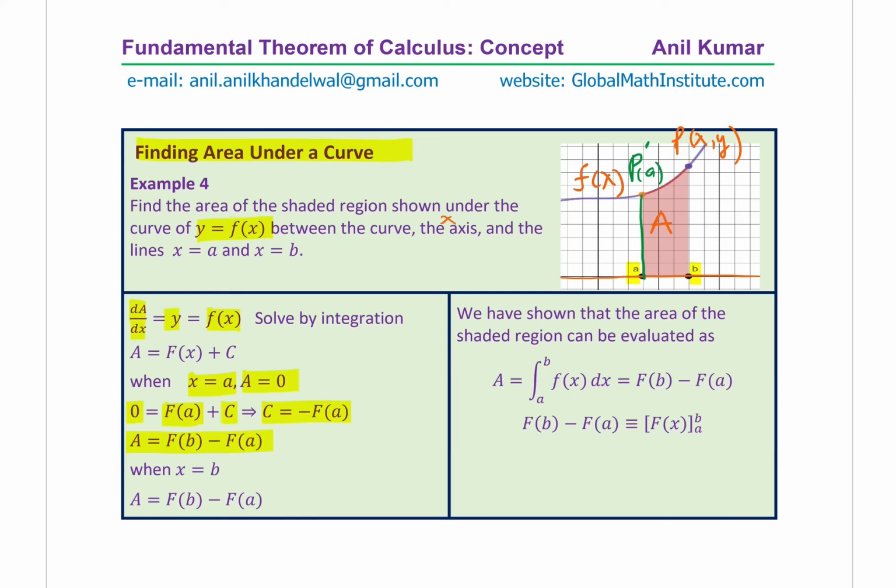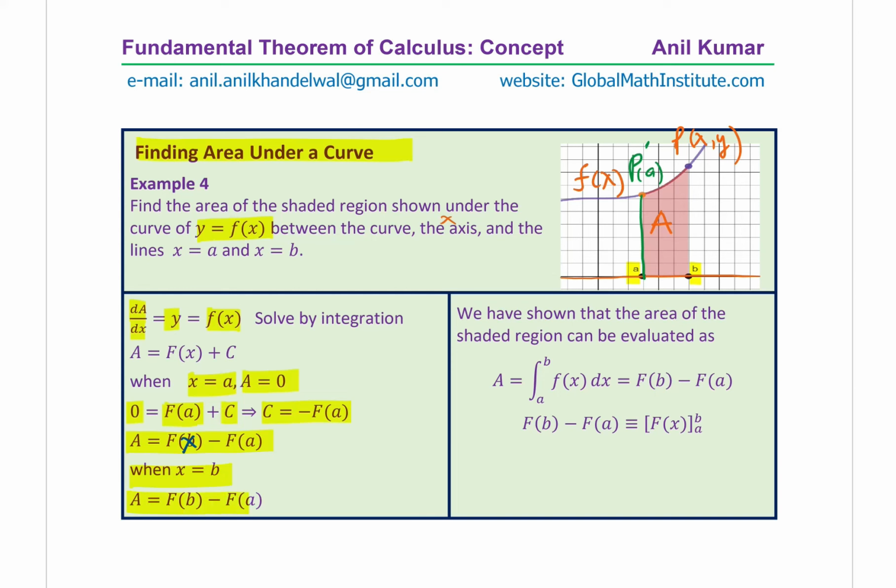So we get the area function, which is F of x minus F of a. Now we are going to substitute x equals b, so it becomes F of b minus F of a.